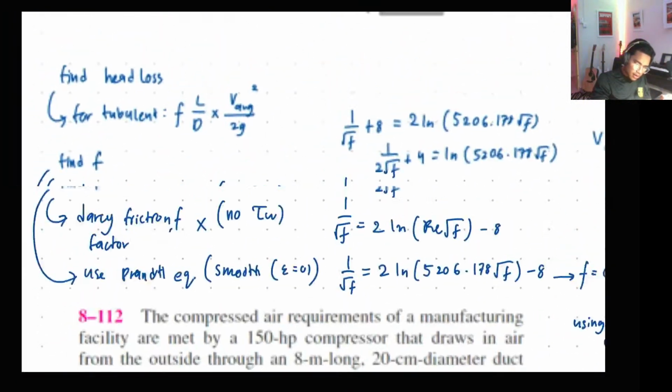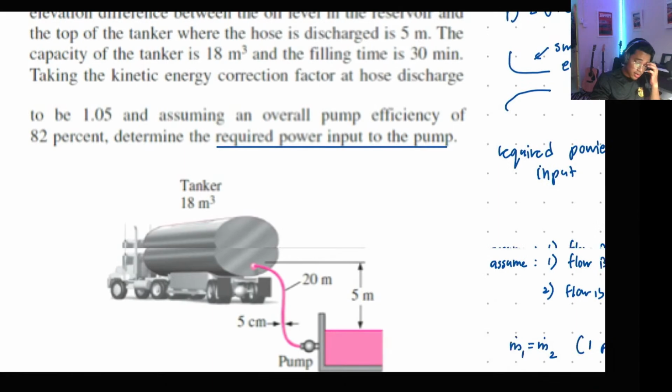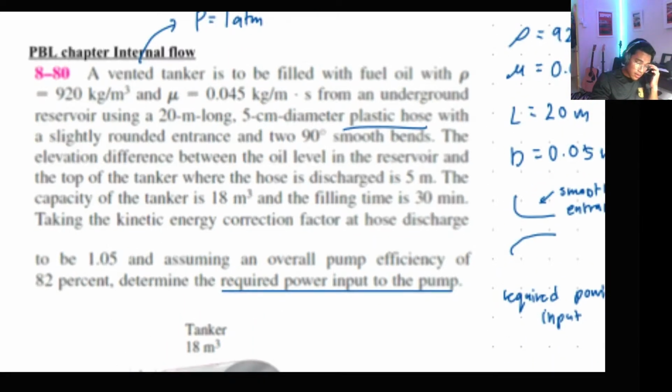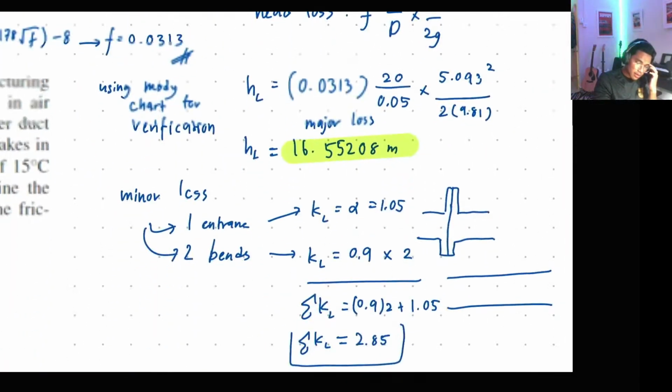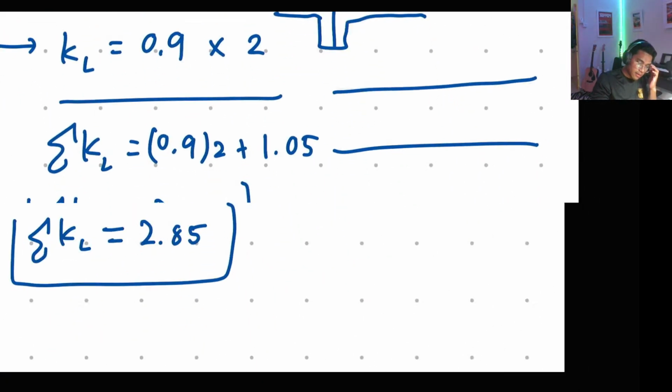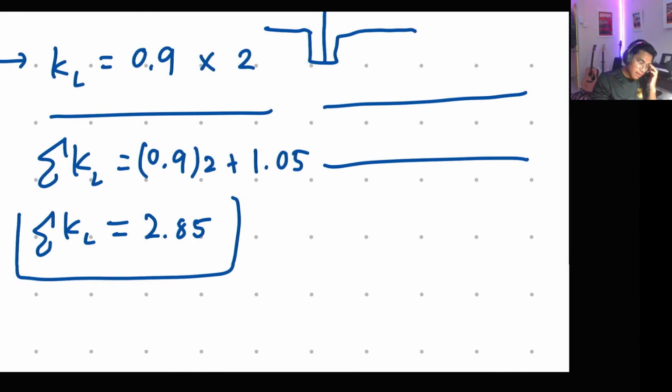Is it flange or is it threaded? Okay, let's just read this properly. I think it's threaded because it's plastic. Because if it's besi, it will be flange. If it's plastic, it will be threaded.